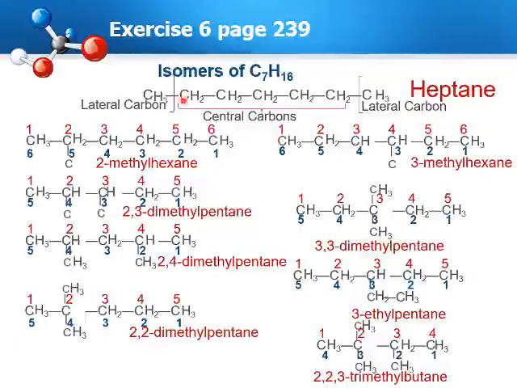At the end, we must complete each formula with the hydrogen atoms, and we must respect the rule of valency. The valency of carbon is 4, so it can be involved in 4 single covalent bonds.